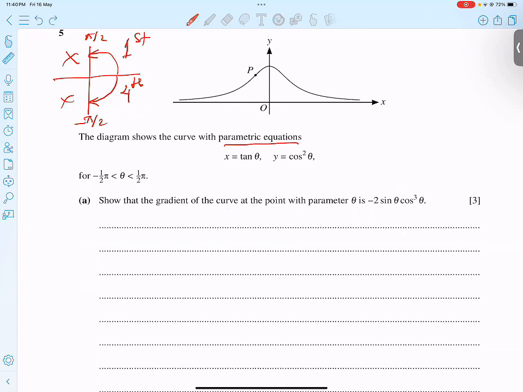How to find the gradient? Basically, it's asking for dy over dx. So I'm starting now, students. First of all, x is equal to tan theta, and y is equal to cos square theta. What is the rule? The left-hand side variable comes up, the right-hand side variable comes down: dx over d theta.